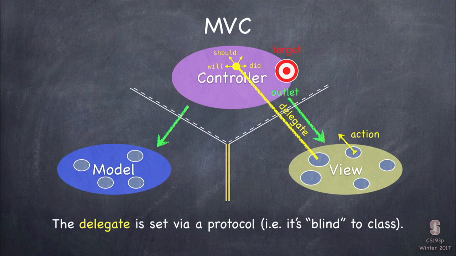I know that a lot of you, even though you have object-oriented experience, maybe you don't have experience with protocols, but essentially a protocol is a way of saying that this type, this thing that I'm talking about, responds to a certain set of methods. I don't know what class it is. I don't know if it's a view controller. I don't know what it is. But I know it's going to respond to these methods like will scroll, did scroll, should scroll, those kinds of methods. That's all I know about it.